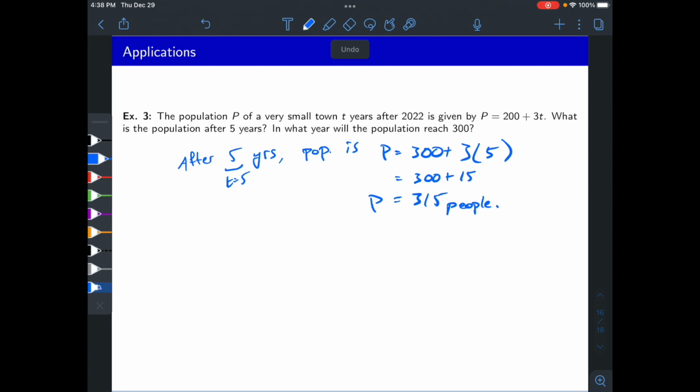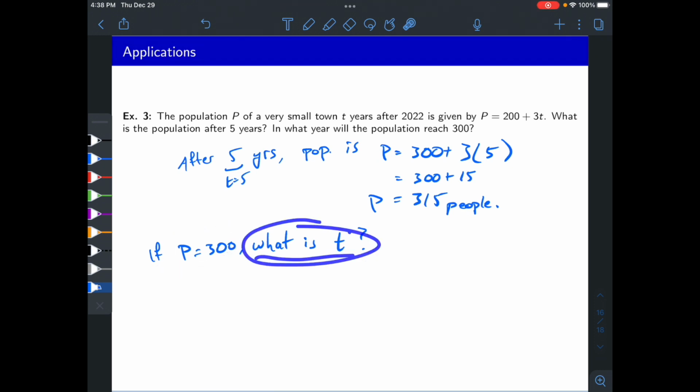In what year will the population reach 300? So we're basically saying that if P is equal to 300, this is what I'm about to write is technically not true, but it's close enough to what we're looking for. If we're saying that P is 300, we basically need to know what T is, like after how many years does the population reach 300.